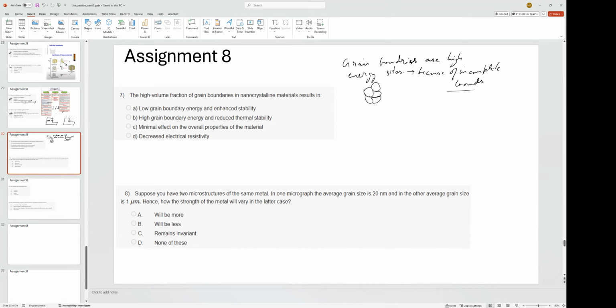So as you have a larger number of these grain boundaries, you'll have high grain boundary energy. Since all these atoms sitting in the grain boundaries have unsatisfied bonds, they have more tendency to react. So they're also less stable thermally. Okay.